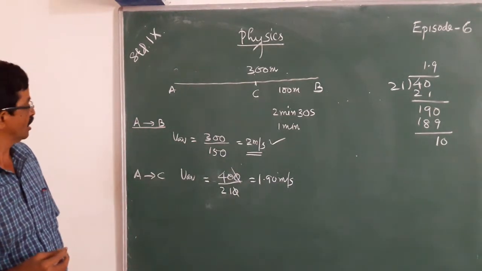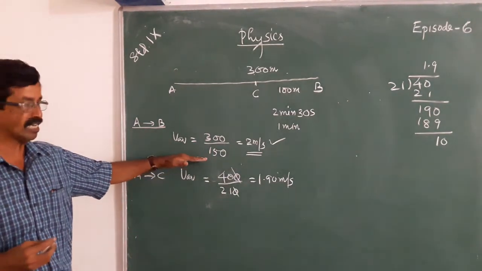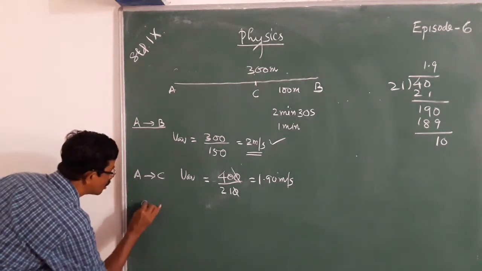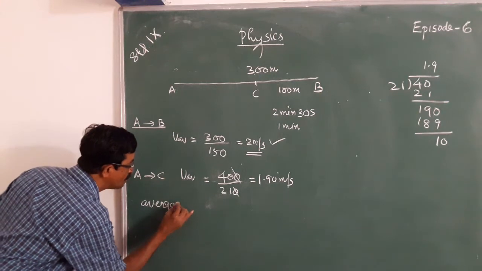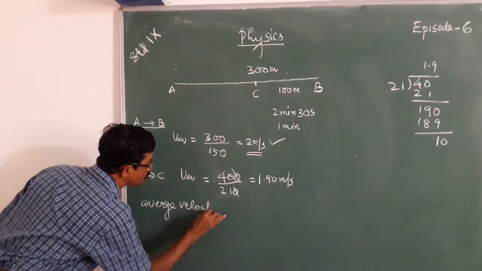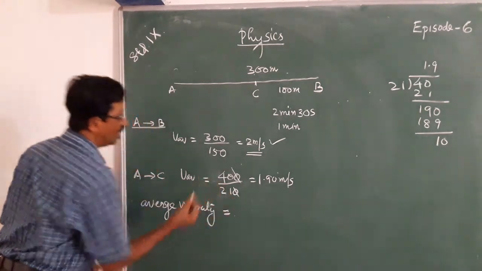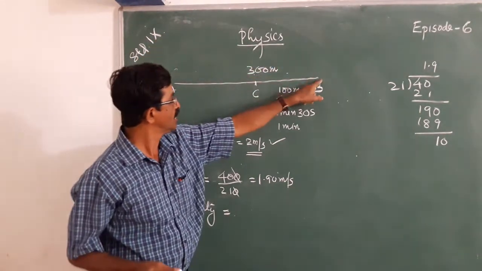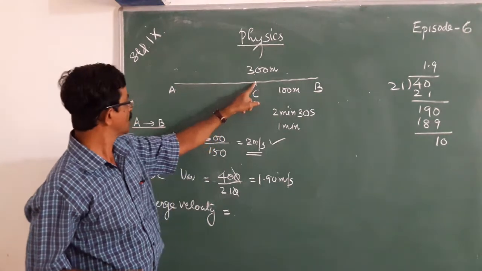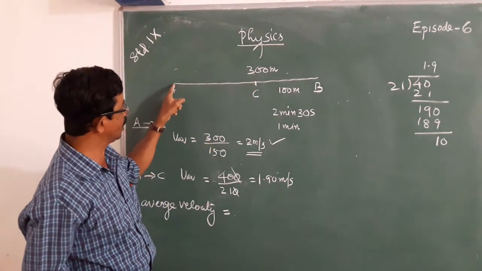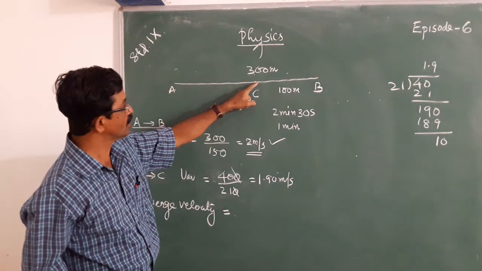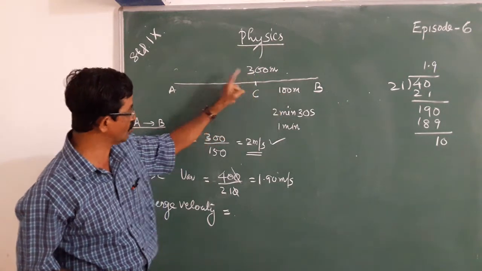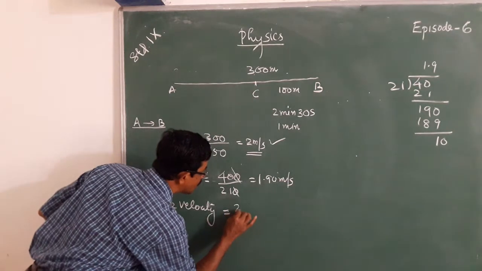Now we want to find out the average velocity. Average velocity is total displacement, from A to B, now to C. The initial point is A, the final point is C. From this 300 meter less, so here only 200 meter remains.